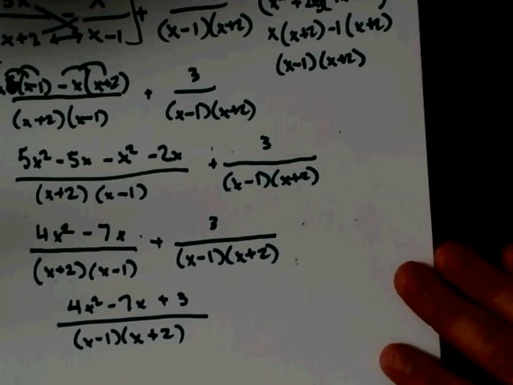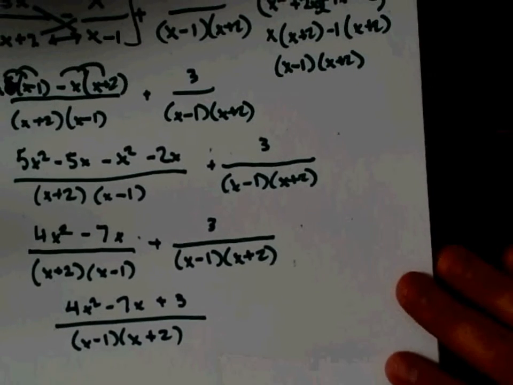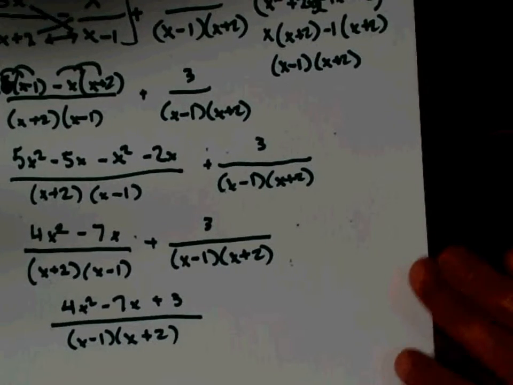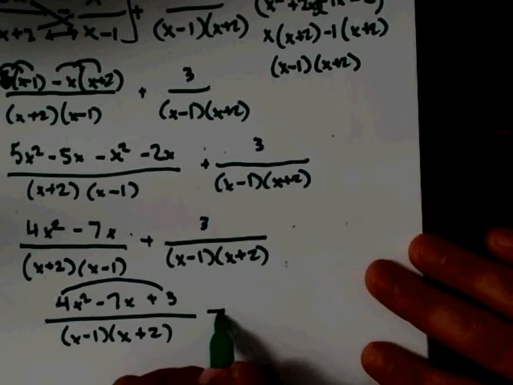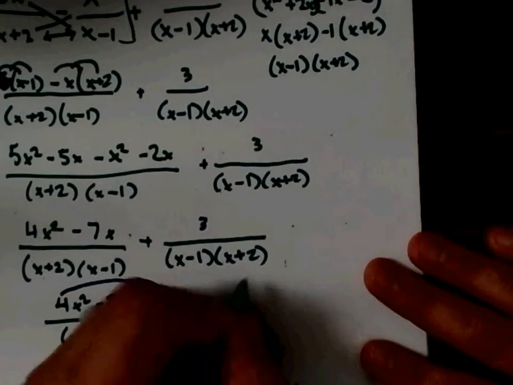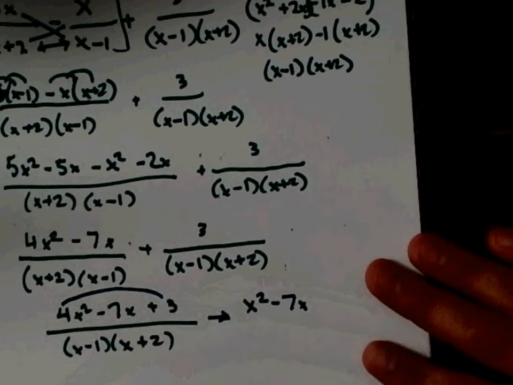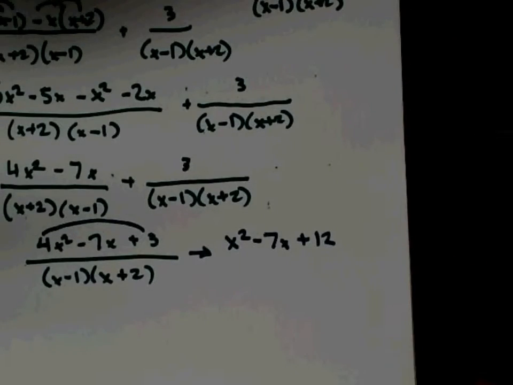A quadratic. What's the value of A? 4. Can I factor 4 out of any of that? No. Okay, so I have to use the AC method, right? So I take the A, multiply it to the C, and that's going to give me x squared minus 7x plus 12.